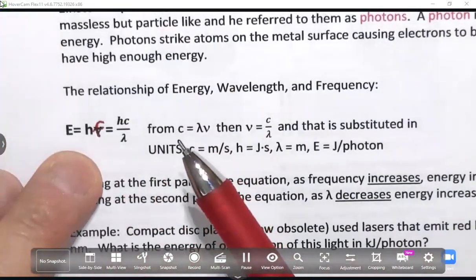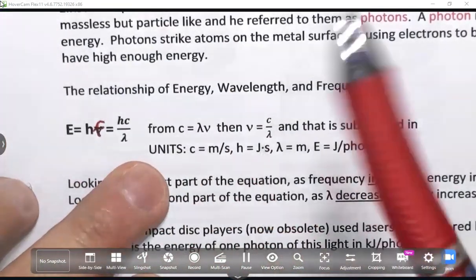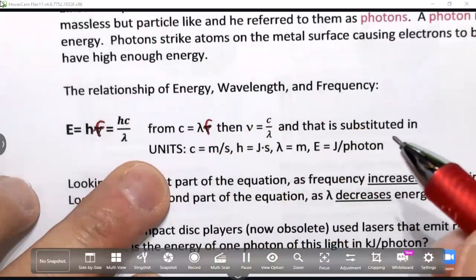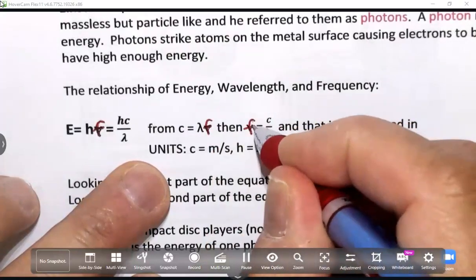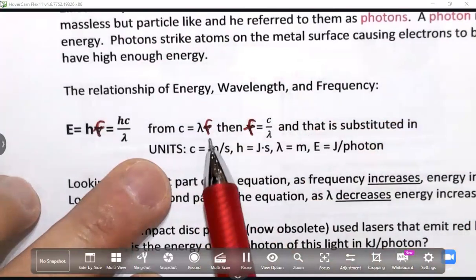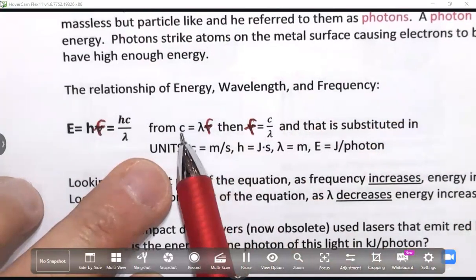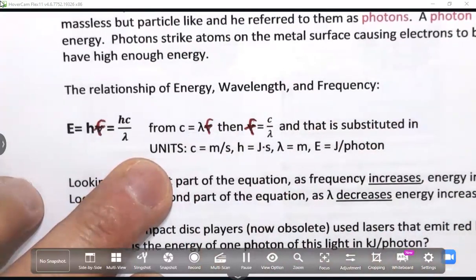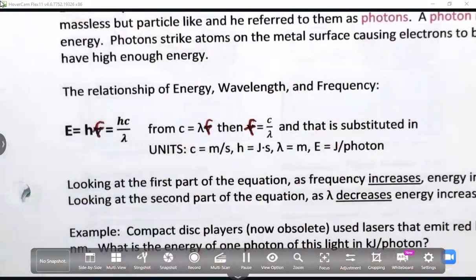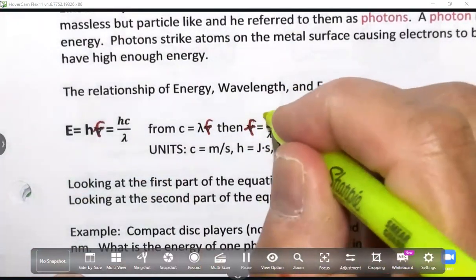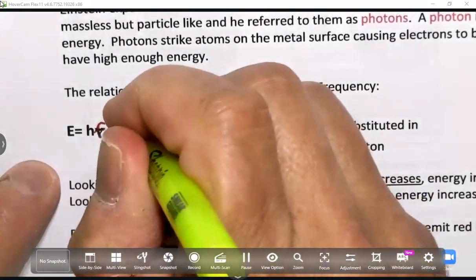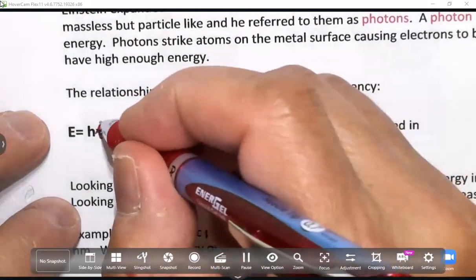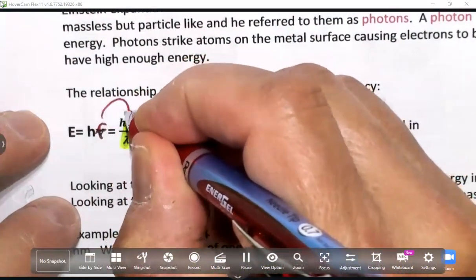But if we solve the equation, C is equal to lambda F for frequency. If I just solve this for frequency, I would have C over lambda, right? So that's what happens then, is we could substitute this in for frequency. If we didn't have the frequency, we just substitute that in.